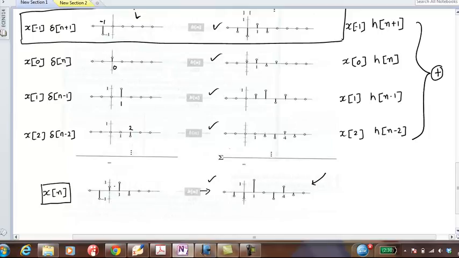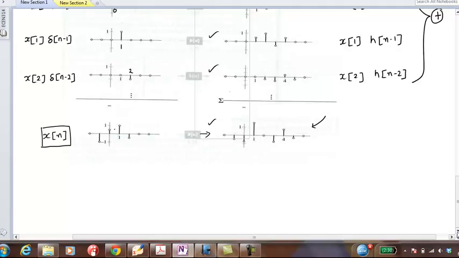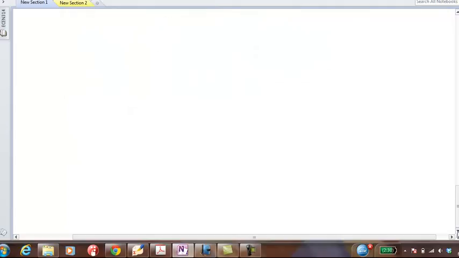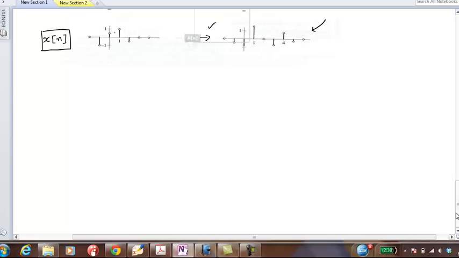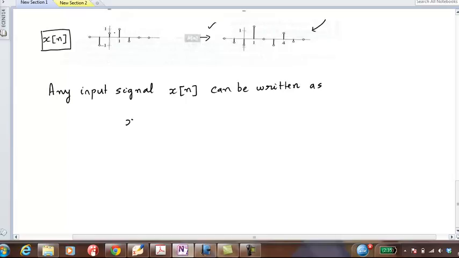So this is why the impulse response is important. It lets you compute the output corresponding to any arbitrary input. So mathematically we can write this as follows. Any input signal, or any signal for that matter, can be written as linear combinations of shifted impulses.